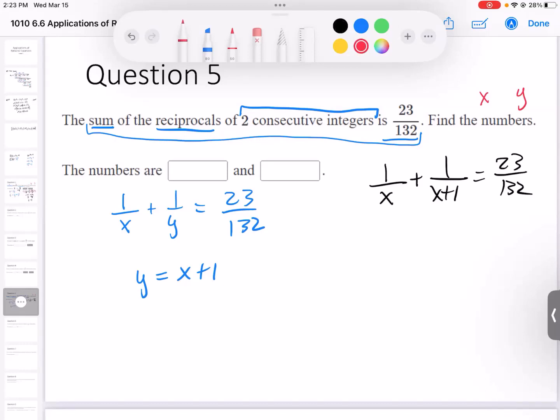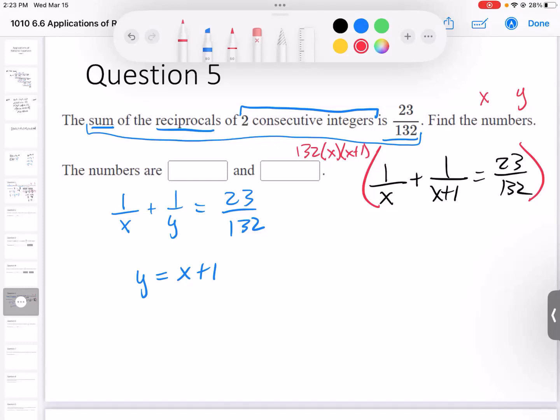On this one, I need to cancel out an x, I also need to cancel out an x plus 1, and I need to cancel out a 132. So the thing I'm going to multiply this entire equation by is 132 times x plus 1, because that includes all of the factors from my denominators.